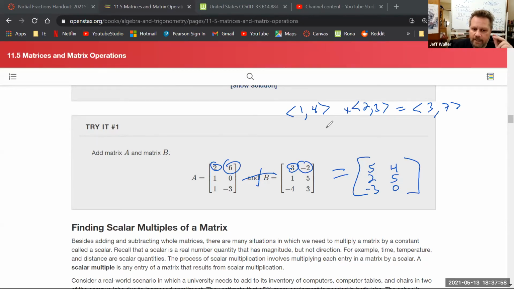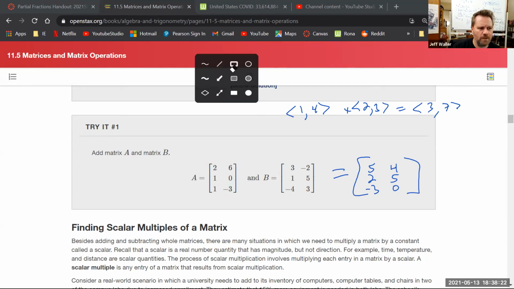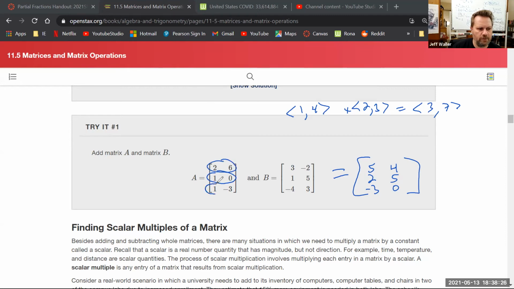Because like I said, matrices are basically higher level vectors. They're like a collection of vectors. I can actually think of this as a collection of 3 two-dimensional vectors. Do you see how that's a collection of 3 two-dimensional vectors? Isn't this like the vector 2, 6 stacked with the vector 1, 0 stacked with the vector 1, -3?